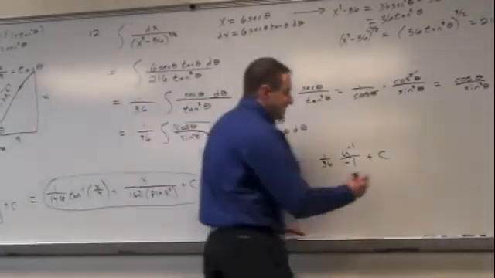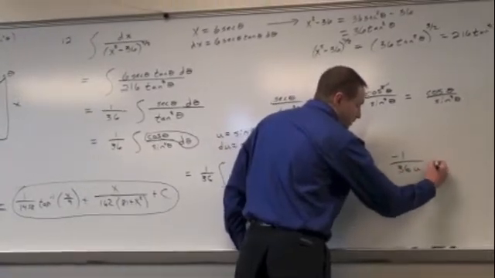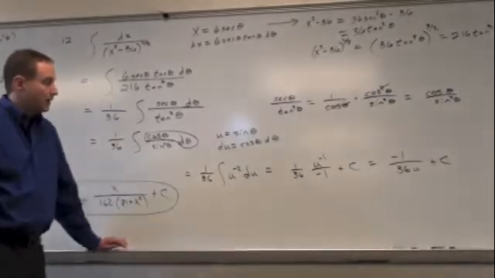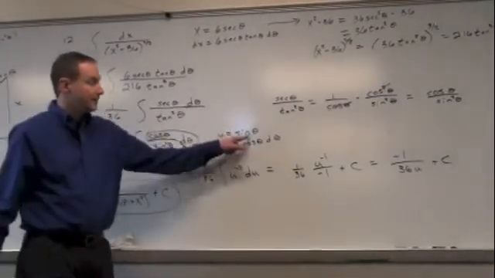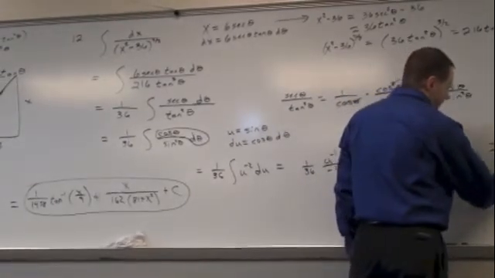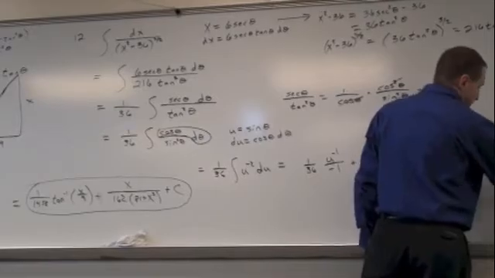So I can say this is negative 1 over 36u plus c. Now, u is equal to the sine of theta, so this is negative 1 over 36 sine of theta plus c.